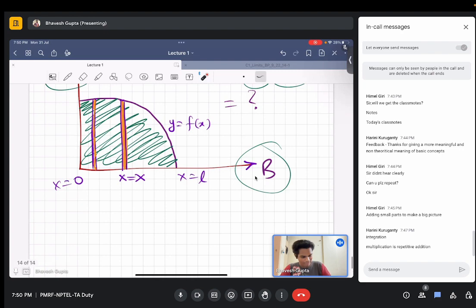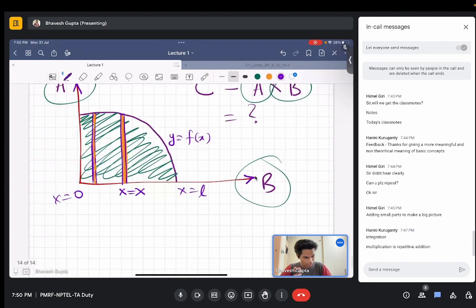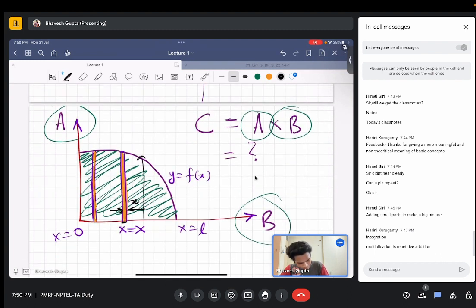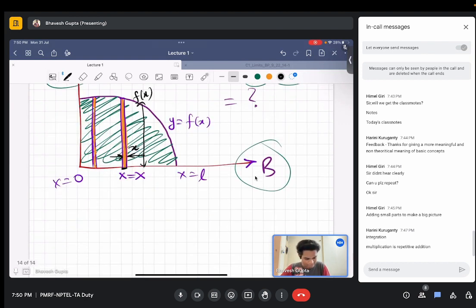So here I am trying to give you a short idea of what we are trying to do. You can see over here the width of this rectangle is x, and the length of this rectangle is f of x. So what is the area of this rectangular piece? It is f of x into some h. I made a mistake here, sorry for that. The width is h.